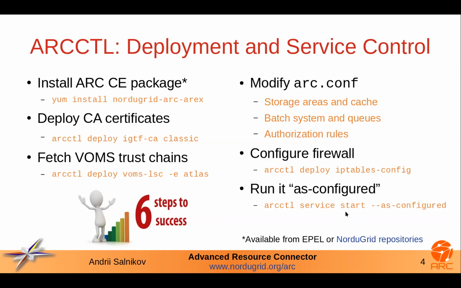If you enable, for example, the GridFTP interface in your arc.conf and then run arcctl service start --as-configured, it brings the GridFTP package automatically. It brings your Globus dependencies, and it starts the GridFTP service as well. So it is a major automation part that hides even the knowledge of which kind of packages and which kind of service names are used. All you need to know is just block names according to the documentation.